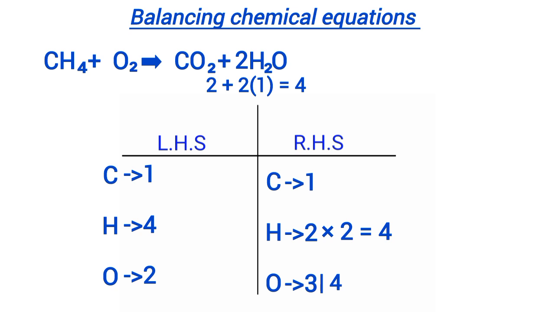What we want to do now is to also make sure we have 4 oxygen on the left-hand side. So what do we multiply by 2 to get 4? If we multiply 2 by 2, then we have 4. So we are going to place 2 here. So on both sides of the equation, we now have 4 atoms of oxygen, and this equation can now be said to be balanced.